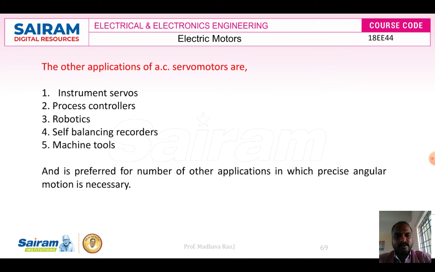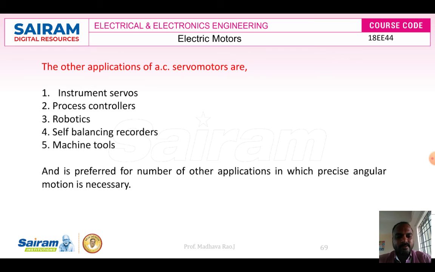Here we can see other applications of AC servo motor. AC servo motors are generally used in instrument servos, process controllers, robotics, self-balancing recorders, and machine tools. Robotics also uses AC servo motors to move the hands, the legs, and the position of the robots.